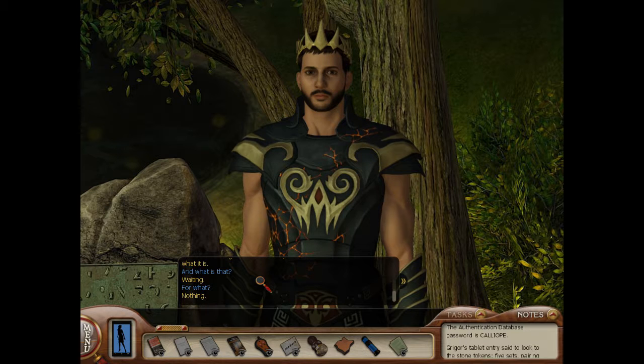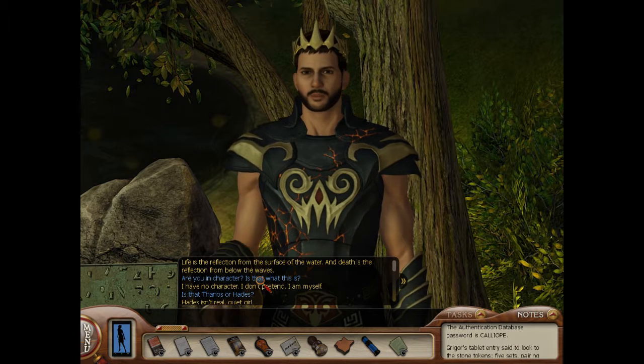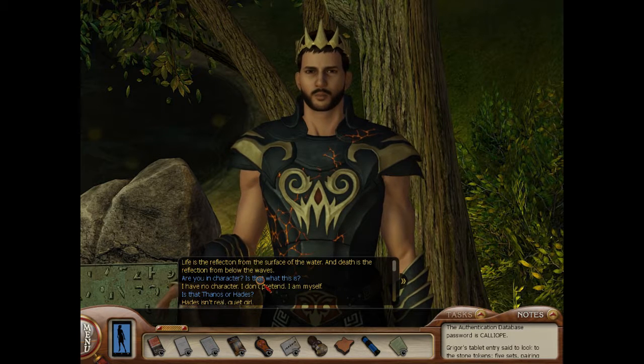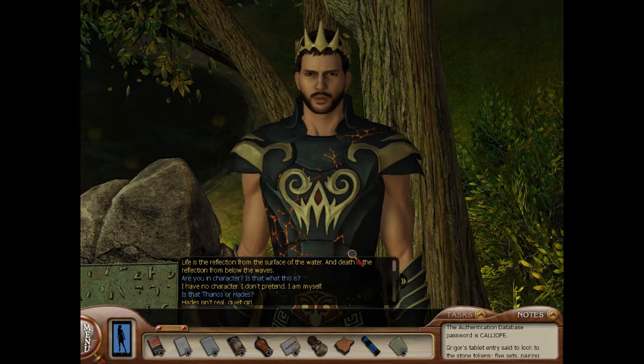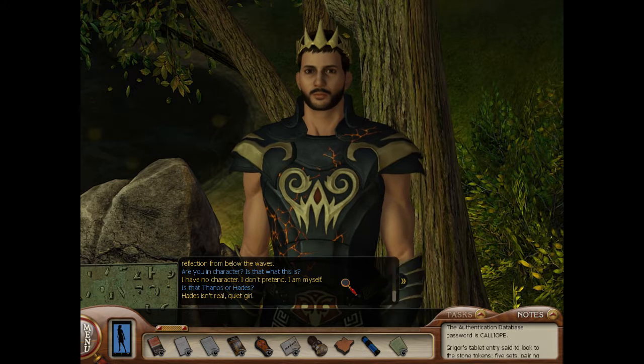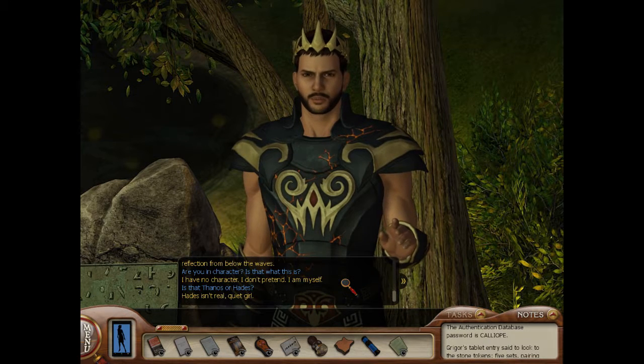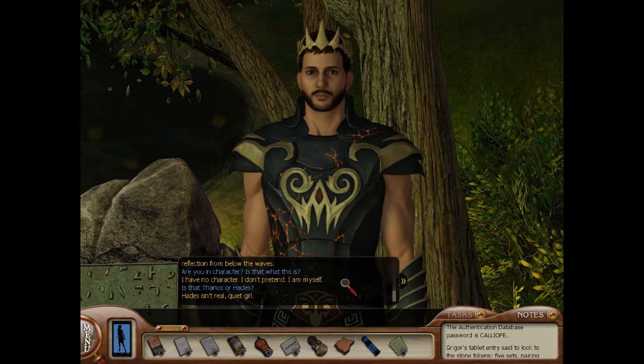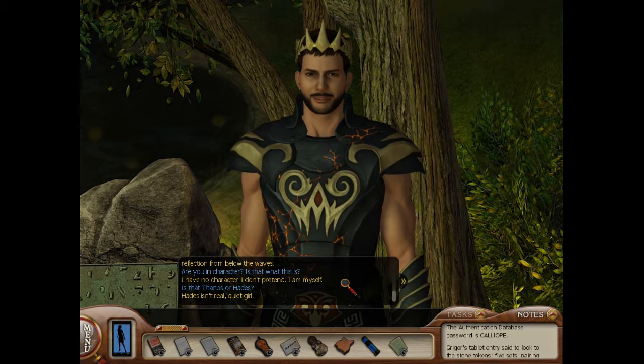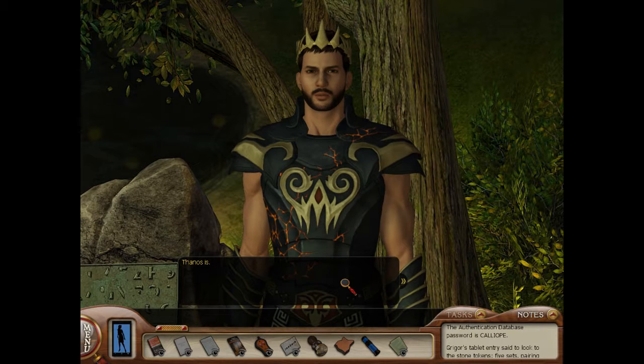And what is that? Waiting. For what? Nothing. Life is the reflection from the surface of the water, and death is the reflection from below the waves. Are you in character? Is that what this is? I have no character. I don't pretend. I am myself. Is that Thanos or Hades? Hades isn't real, quiet girl. Thanos is.